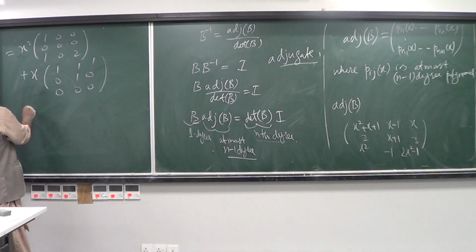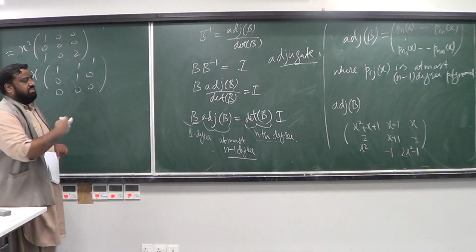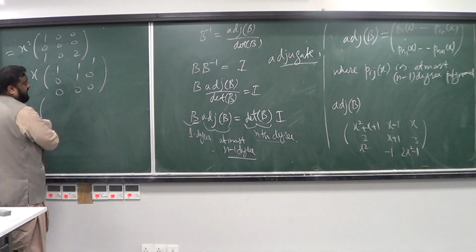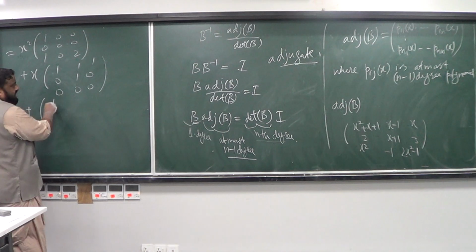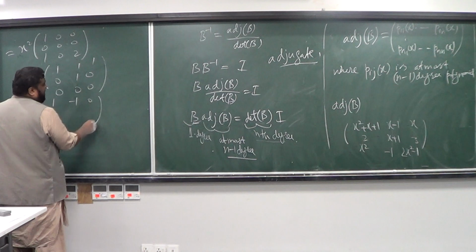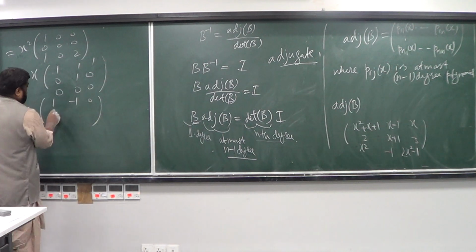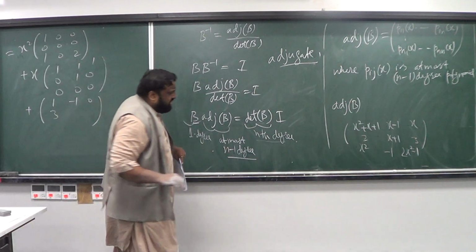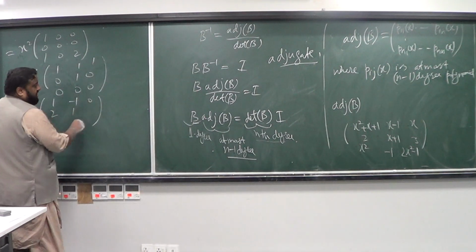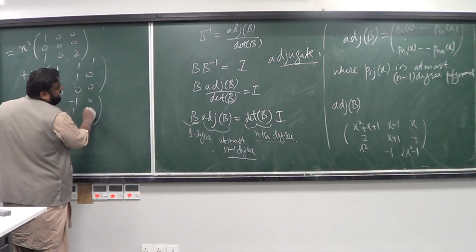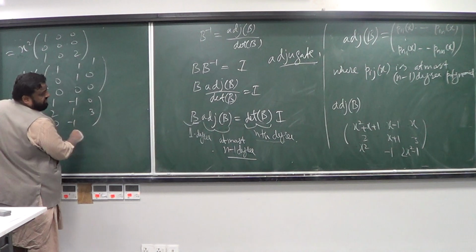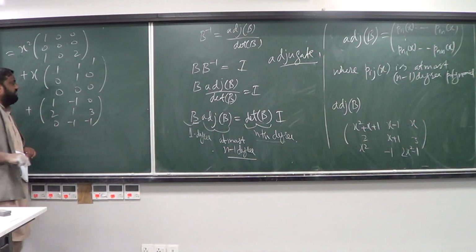And plus the matrix of the constants. So it's going to be 1, -1, 0 because there is no constant there, 3 or 2, whatever, 2, 1, 3, 0, -1 and -1.